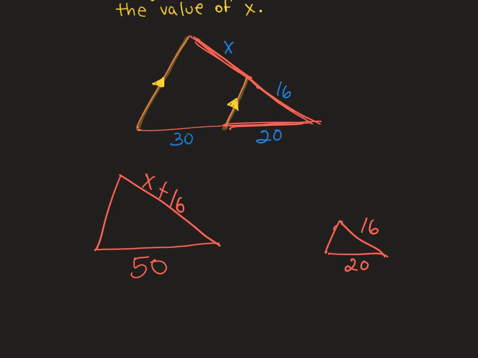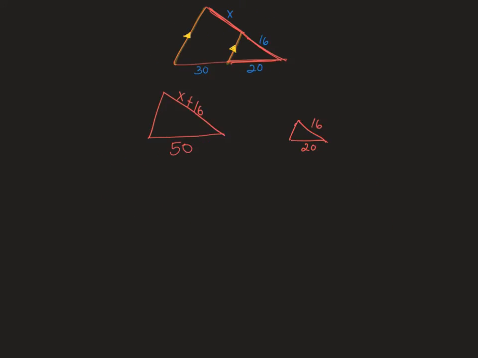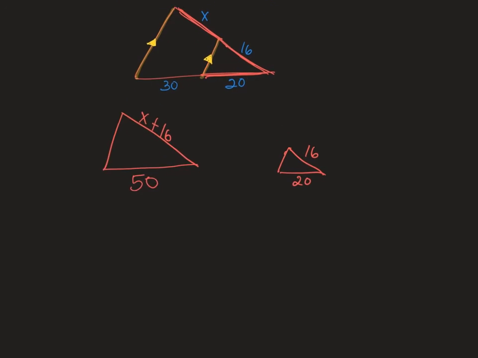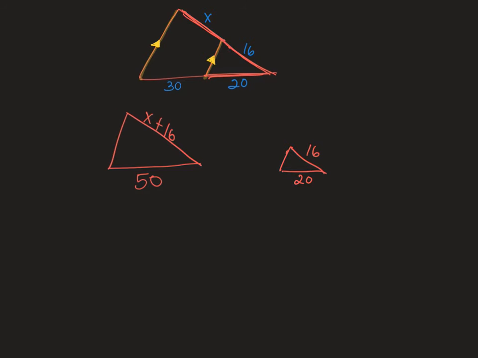So to solve it, we're going to use what we call the similarity between the two triangles. Here it's telling us that this side is 16, and if you look at the other one, it's going to be 16 over x, right?